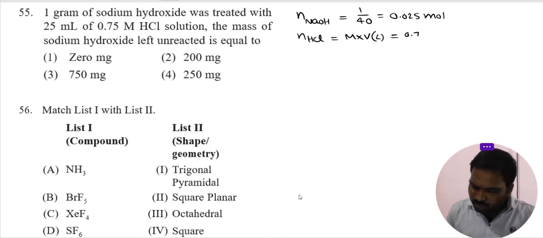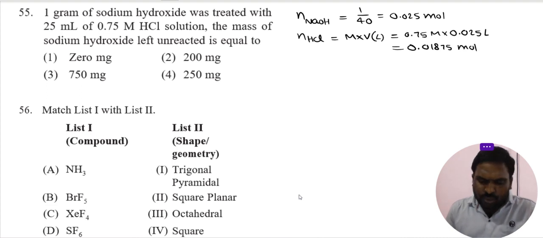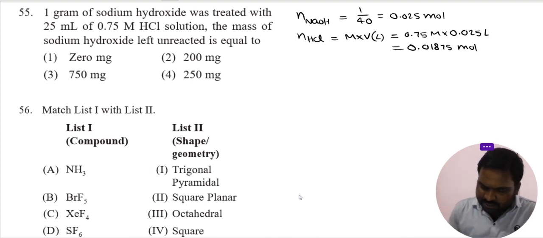Molarity 0.75, volume should be in liters. So 25 by 1000, that is 0.025 liter. Then 0.025 into 0.75. The value is 0.01875 mole.